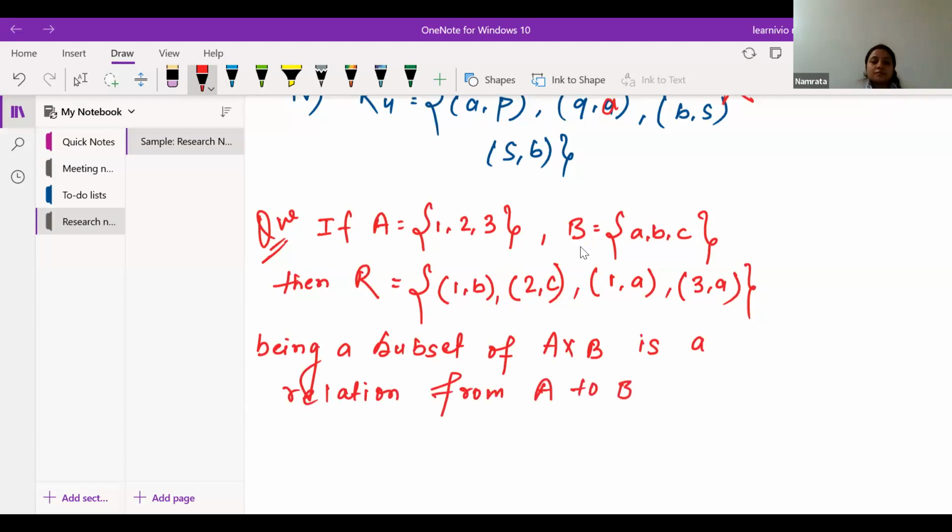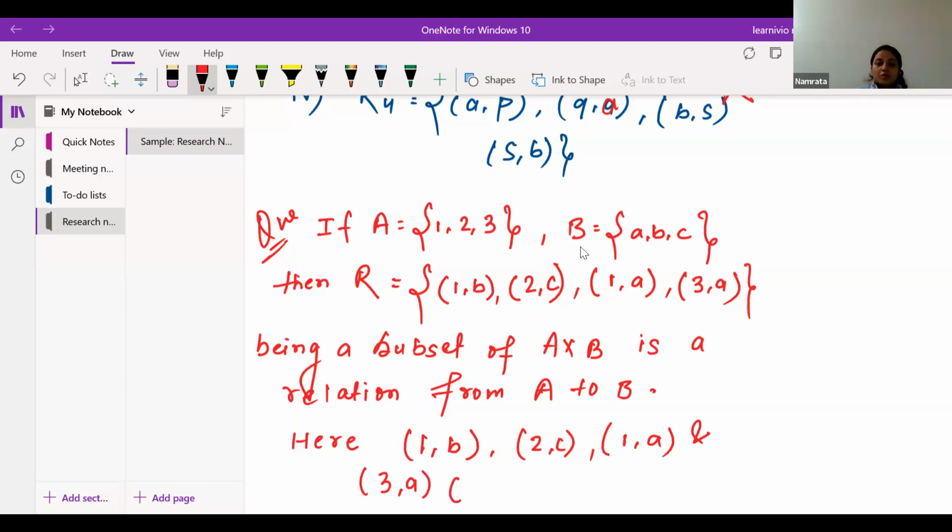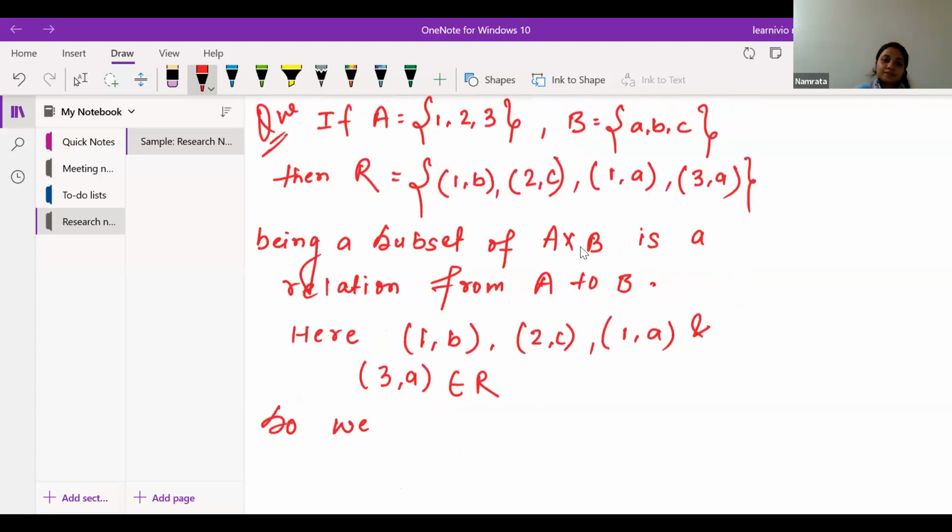Here 1b, 2c, 1a and 3a belong to R. So we write: 1 is in relation with b, 2 is in relation with c, 1 is in relation with a, and 3 is in relation with a.